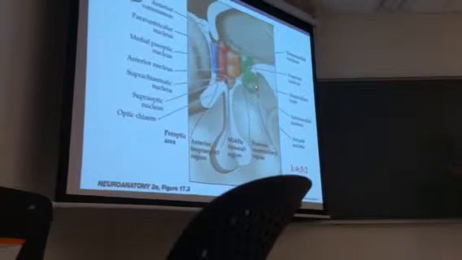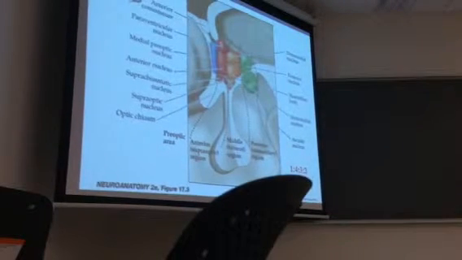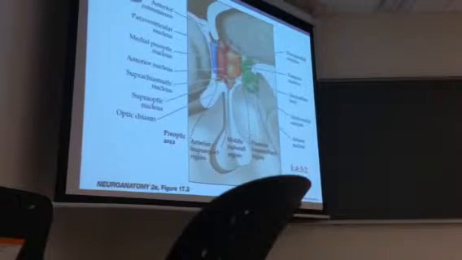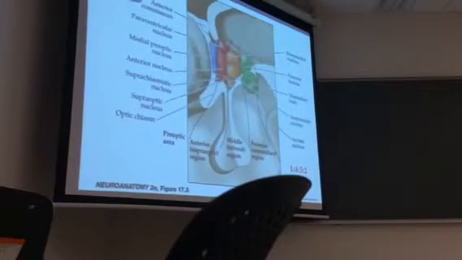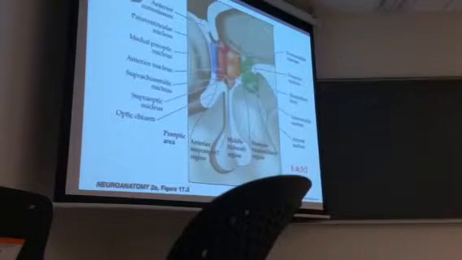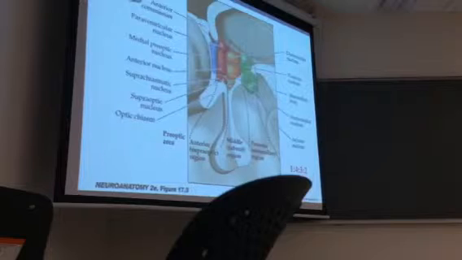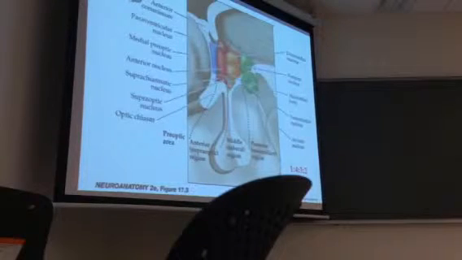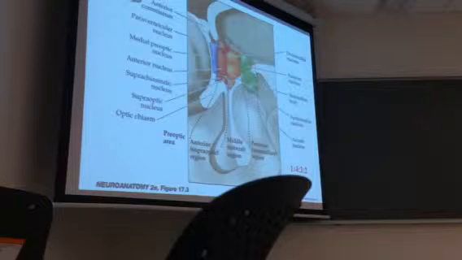Now, the nuclei in the hypothalamus are really critical to many of your homeostatic mechanisms. Everything from circadian rhythmicity to temperature control to anything that requires pituitary hormones. And it's important to know the nuclei involved.